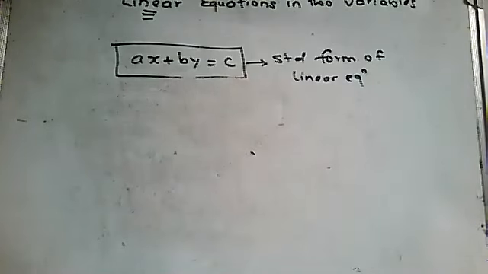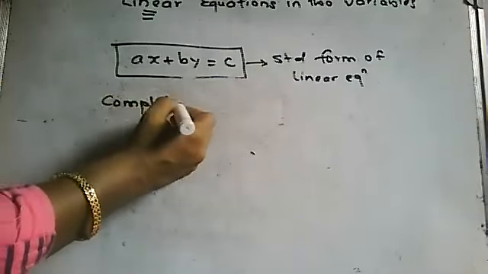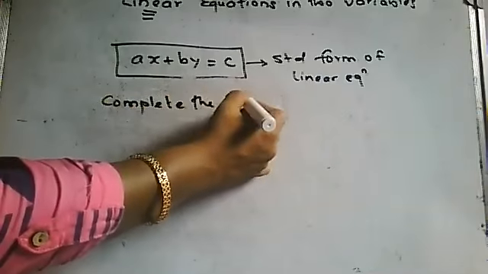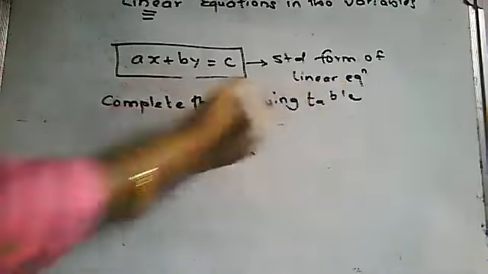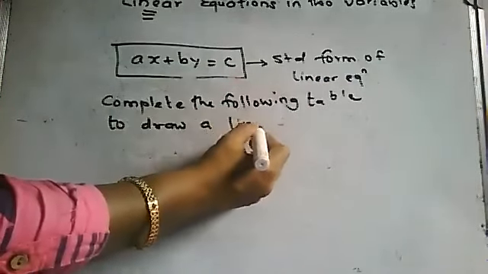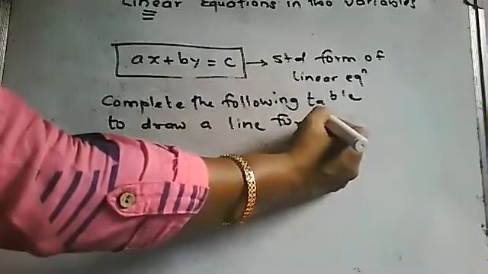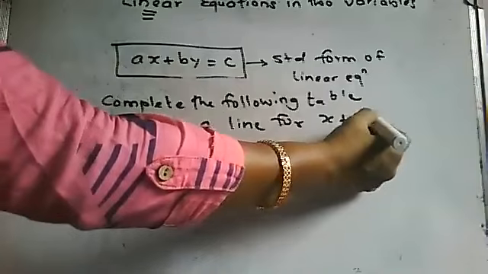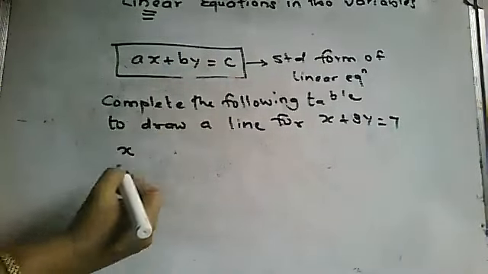Now, the question may be asked like, complete the following table to draw a line. And for the equation, suppose x plus 3y is equal to 7, they may give you x, y.